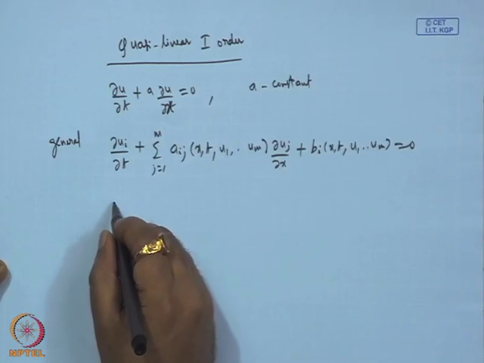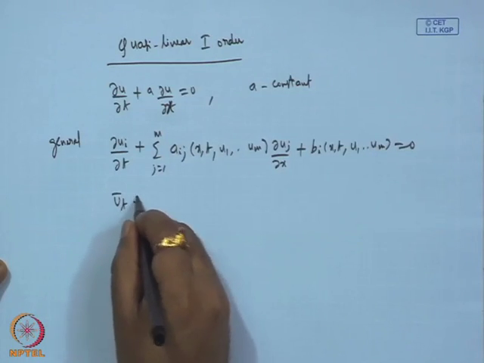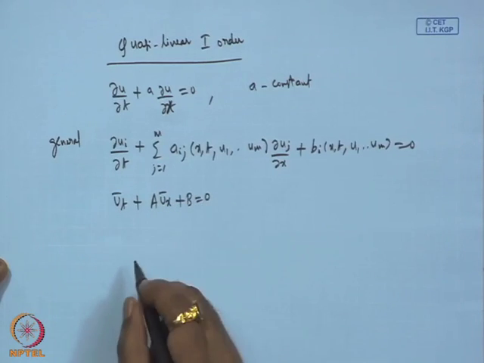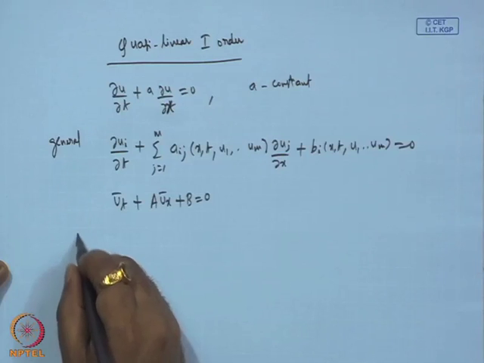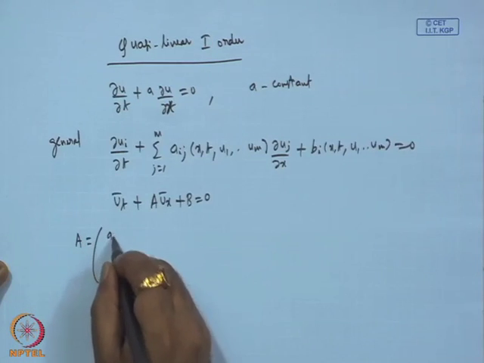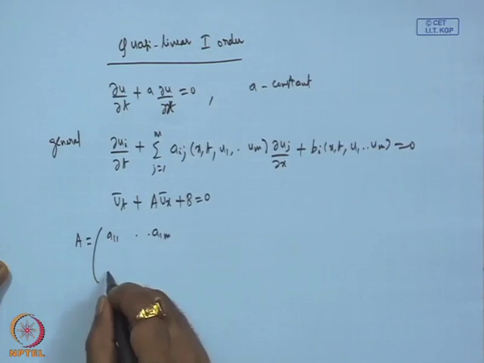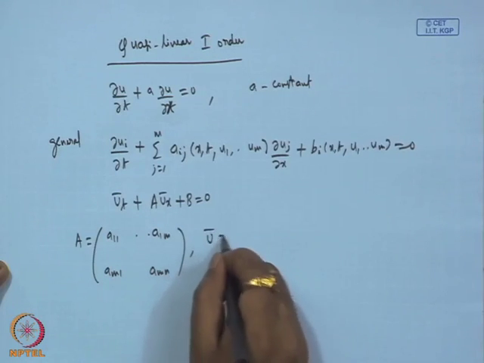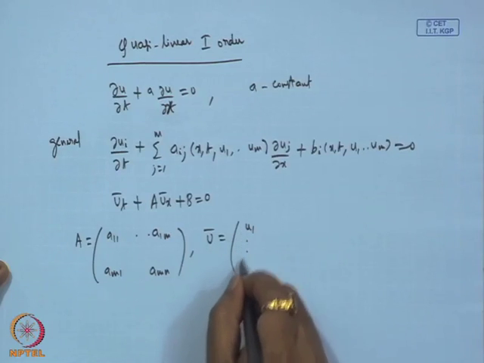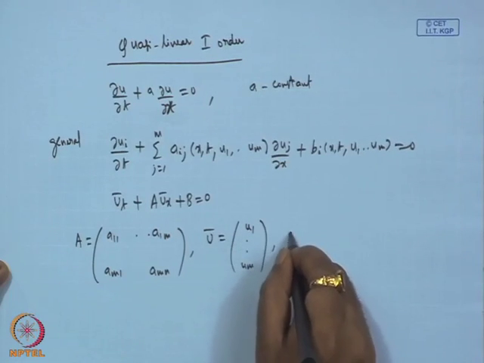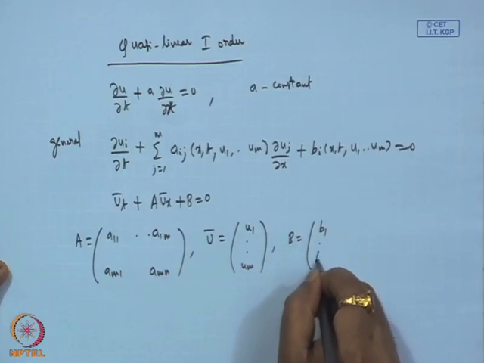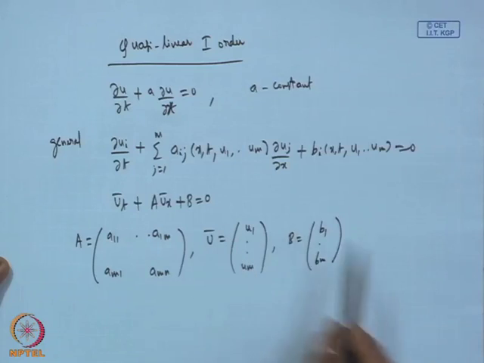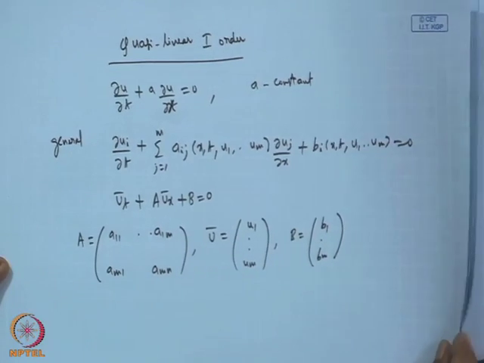So, this can be put in a matrix form, right, where A is, okay. So, we revisit this when we discuss numerical methods for systems as well. Okay.